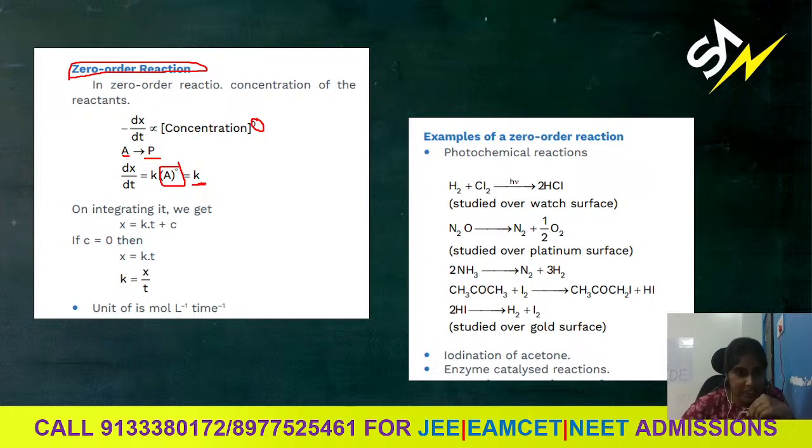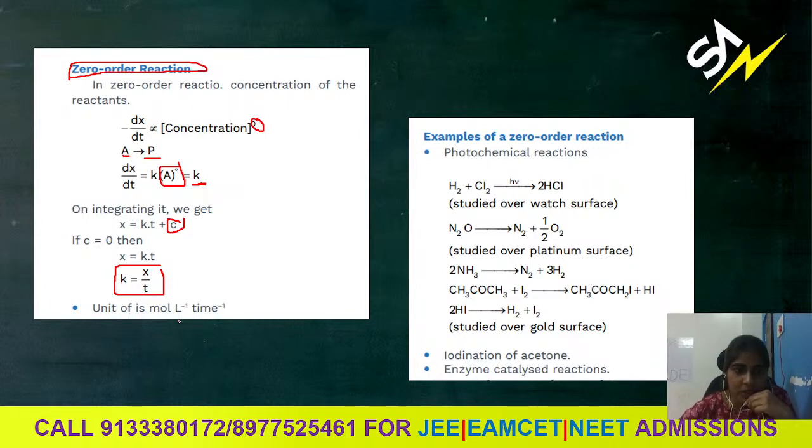On integrating, we get x equal to kt plus c. If the integral constant is taken as 0, then x is equal to kt. That is, the rate equation of zero order is k equal to x by t.